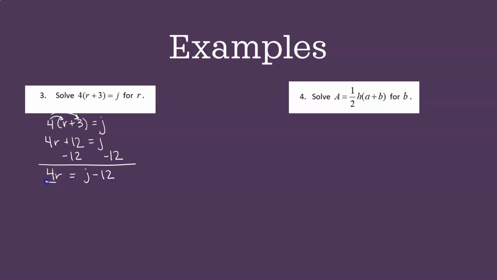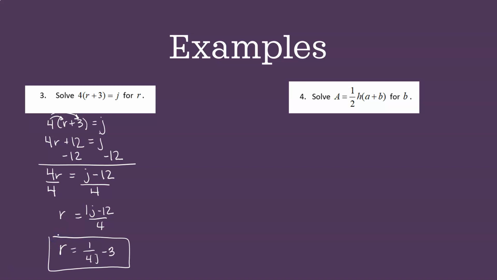Now we want to get r by itself, so I'm going to divide by 4. Undo that multiplication. So I have r equals j minus 12 over 4. I'm going to put a 1 here. So this would be rewritten to be r equals 1/4 j, and then negative 12 divided by 4 is negative 3.